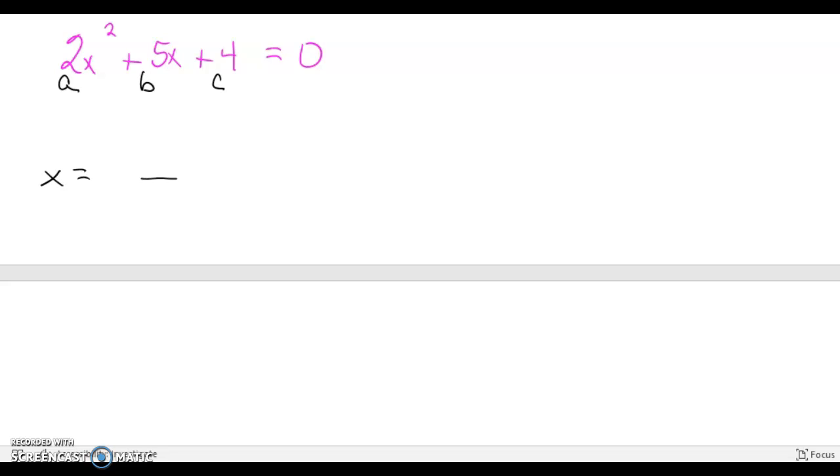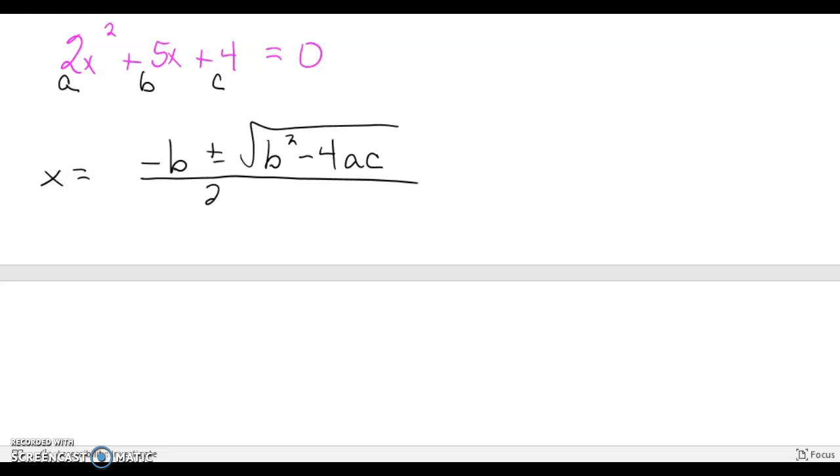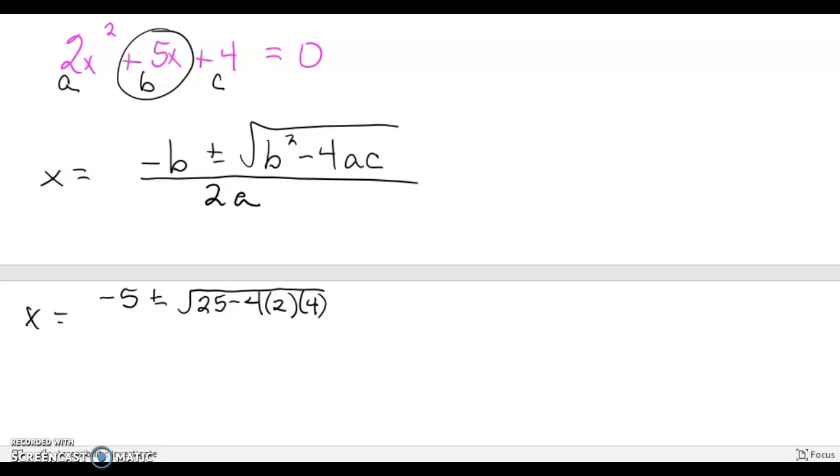So remember the formula, x equals negative b plus or minus the square root of b squared minus 4ac, all over 2a. x equals negative b would be a negative 5, plus or minus the square root of b squared. 5 squared is 25, minus 4 times a times c. A is 2, c is 4, all over 2 times a.